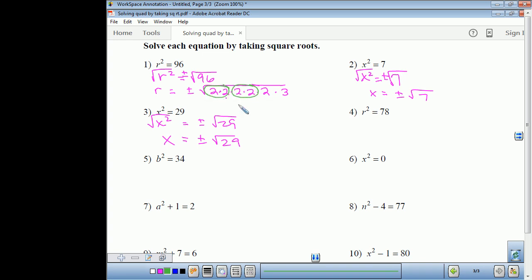So we have 2 2's that can come out, so it ends up being 2 times 2. Now, this 2 is lonely. It's all by itself, so it can't come out. And this 3 is all by itself, so it can't come out. So what's 2 times 3? 6. And what is 2 times 2? 4. So this simplifies to plus or minus 4 roots of 6.